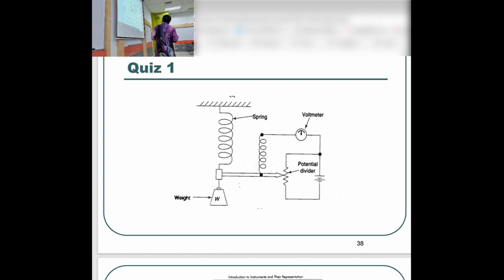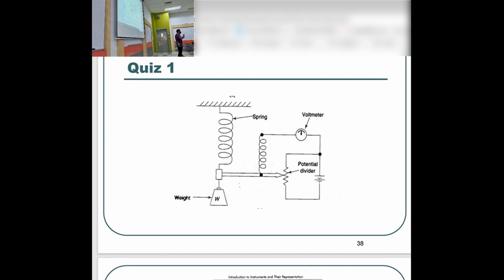For this one, which one is the sensor? I believe the sensor is the motion, isn't it? Which part senses the motion of the weight?